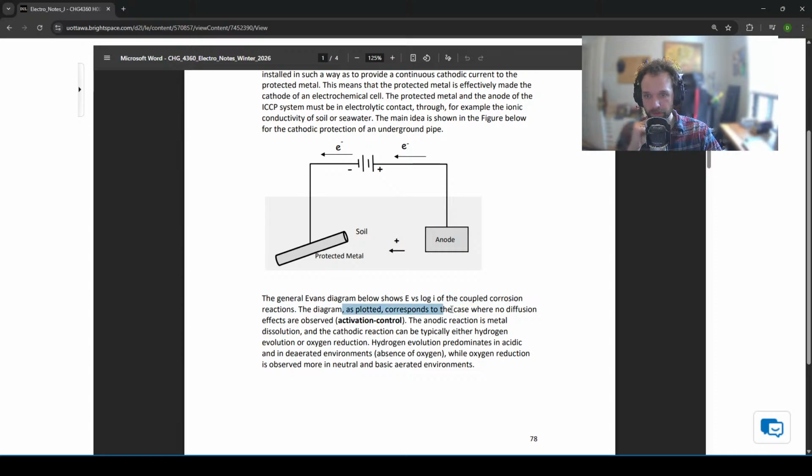The diagram as plotted corresponds to the case where no diffusion effects are observed. The anodic reaction is metal dissolution, and the cathodic reaction can be either hydrogen evolution or oxygen reduction. Hydrogen evolution predominates in acidic and deaerated environments, while oxygen reduction is observed more in neutral and basic aerated environments.